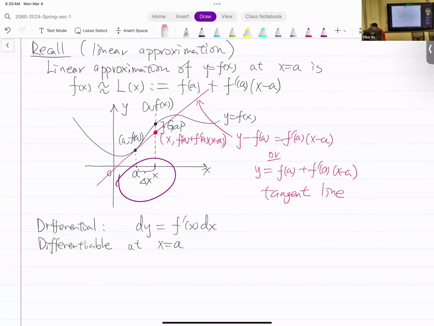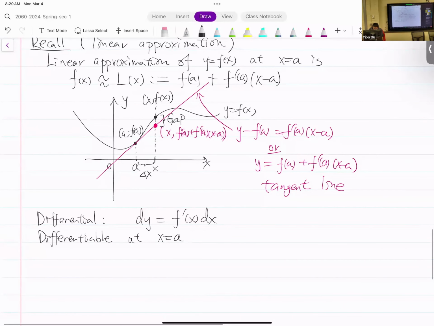But basically, if we want to write it in terms of the functional values, it's something like this. It's delta y equals f prime of a times delta x plus this is an expression that represents the gap, right? Because this is the change in y. That's actually from this first black point to the second black point. Okay.